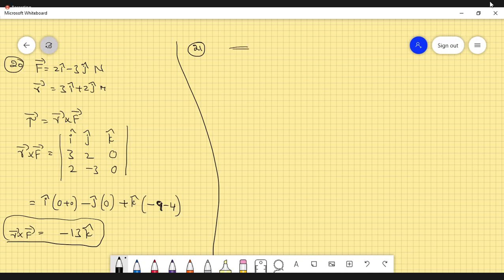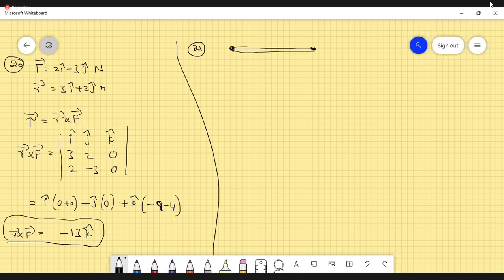So next one. A crowbar of length 120 centimeter has its fulcrum situated at a distance of 20 centimeter from the load. Okay. So here let us consider this is load and this is effort.